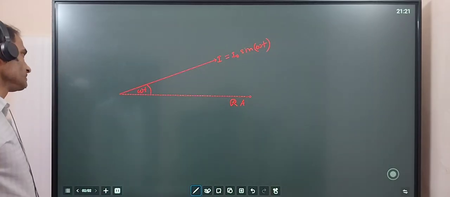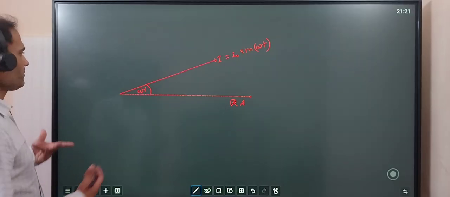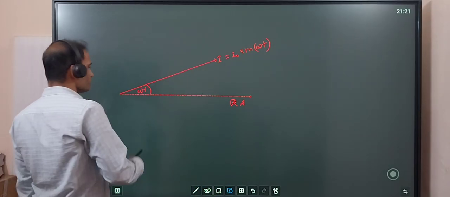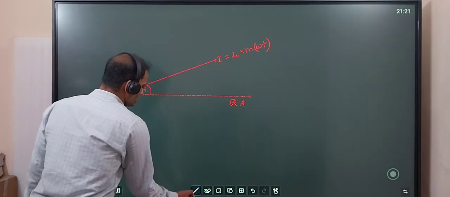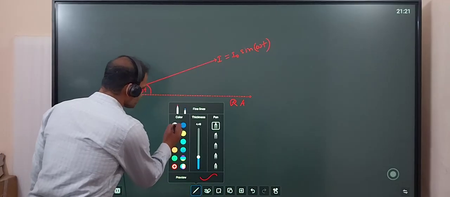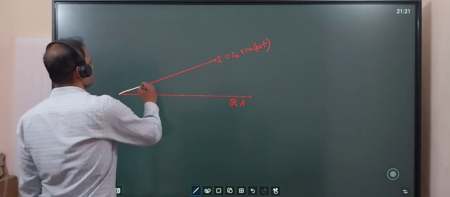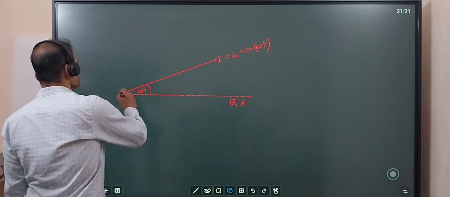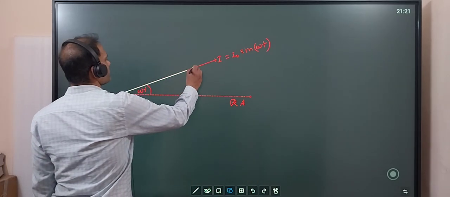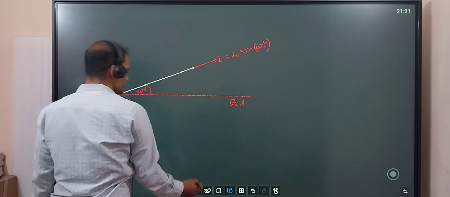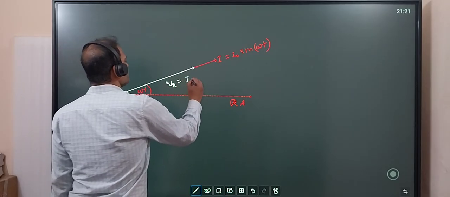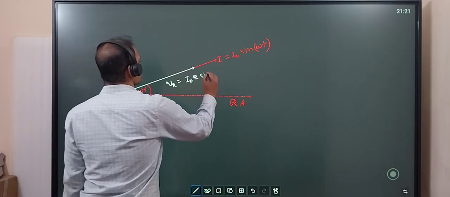Sine omega t. And what about the voltage drop across the resistor? This was in phase, right? We got sine. So this VR was I naught R sine omega t.